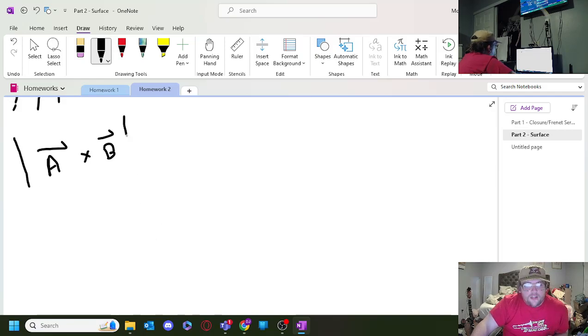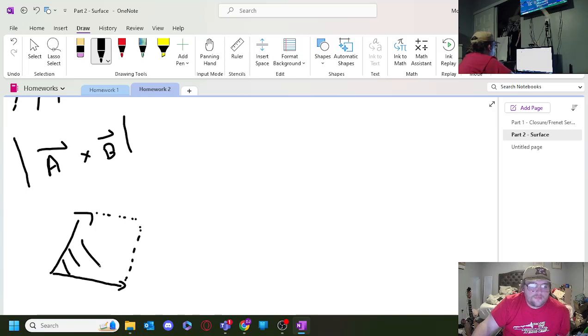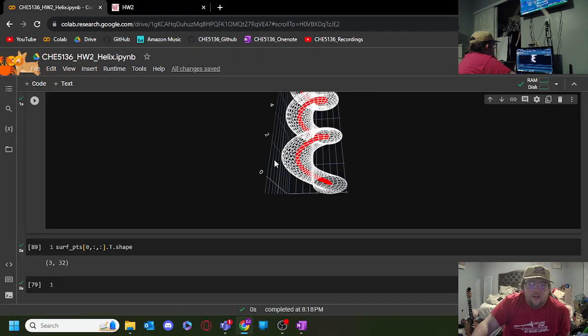But if you take the magnitude of that, what you get is the area between the two vectors. So between vector A and vector B, you get this area. And then we're going to be using that to find the entire surface area of this entire shape.